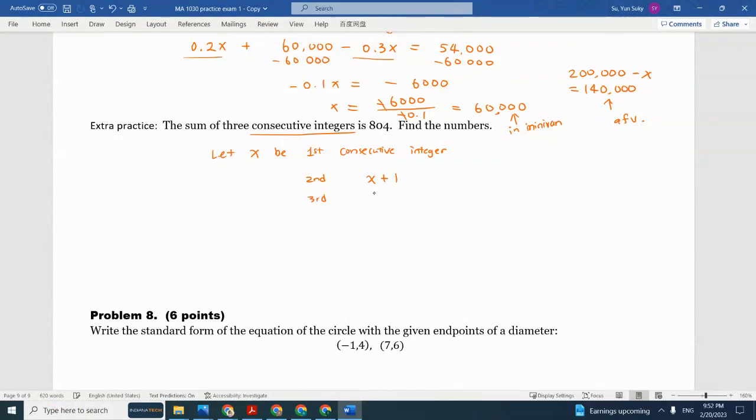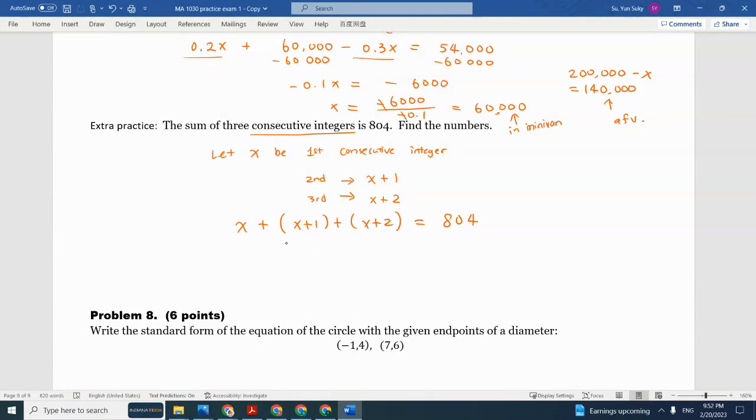And then the third one will be x plus 2. Right, everybody? If x is 50, and then the next number is 51, 51 is like x plus 1. And then the next number, 52, 52 is like x plus 2. The sum of them, x plus x plus 1 plus x plus 2, is 804.